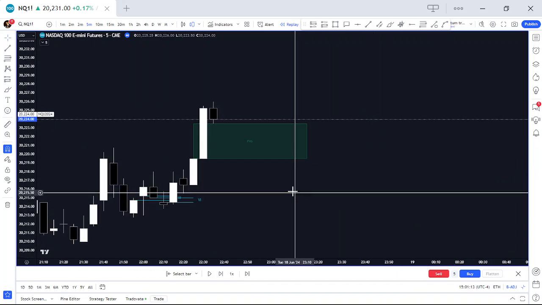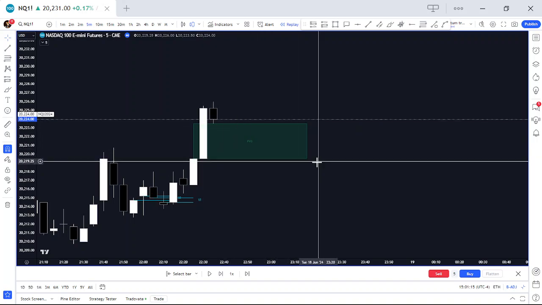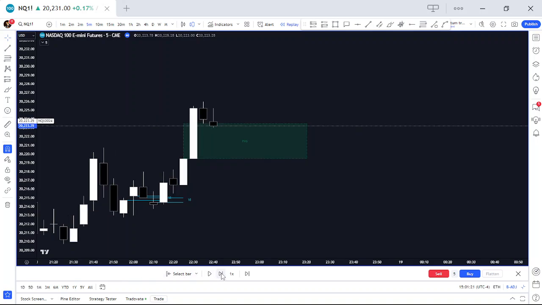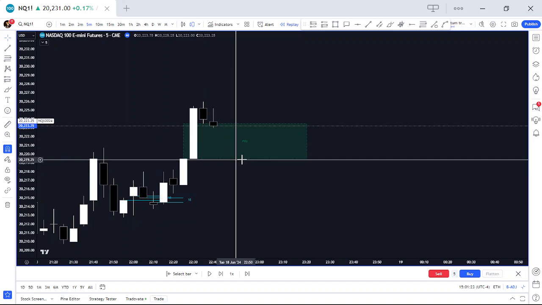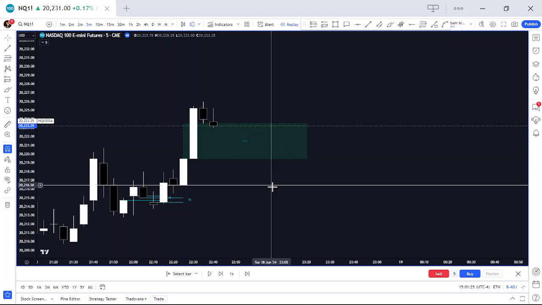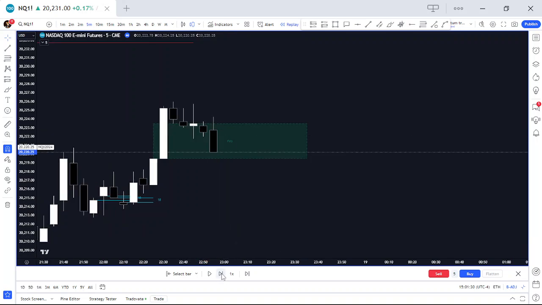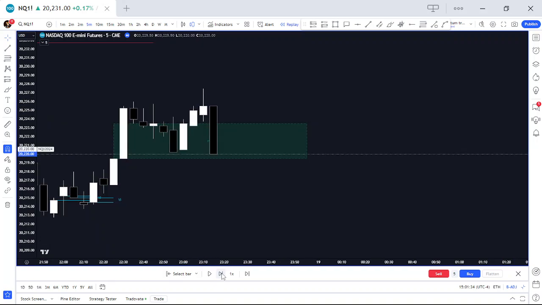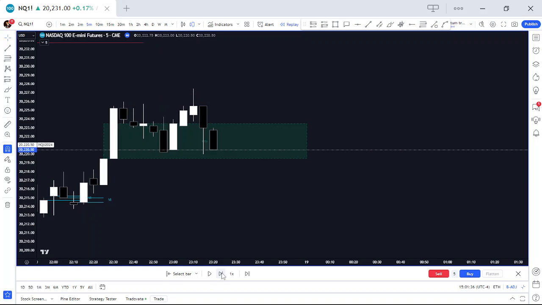Okay, good. So this fair value gap is made. You can see it's a solid box. It hasn't been touched yet. Okay. Now when price dips down into it, the solid outline becomes a dashed line. Okay. And price finally moves up and then comes back down.